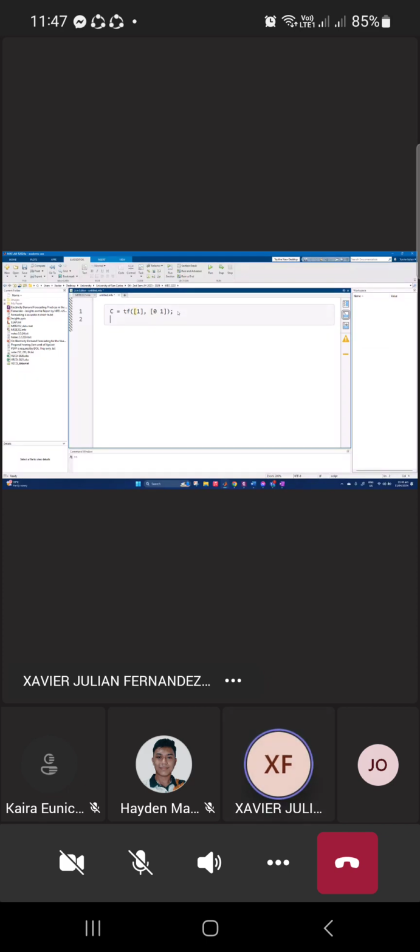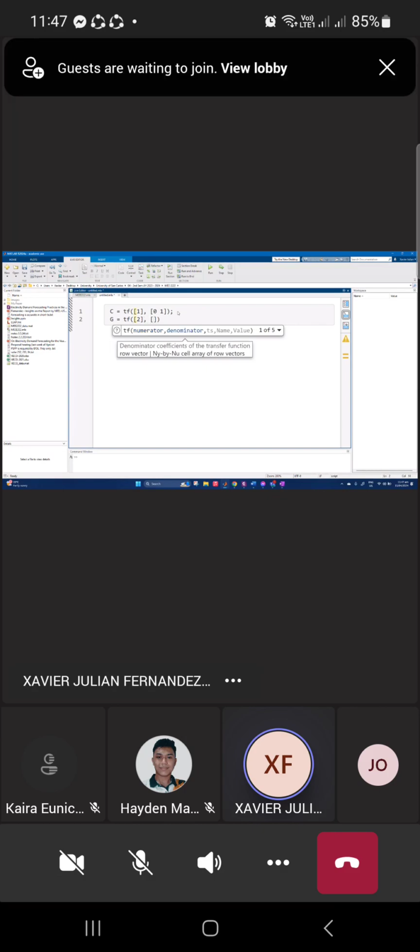Next is the plant transfer function G. The numerator is just 0, 2, because we do not have an s term; it's a constant on top. The denominator is 1 and 2.